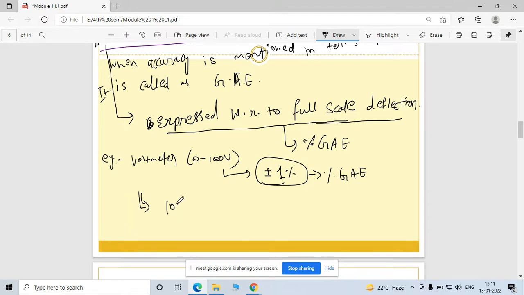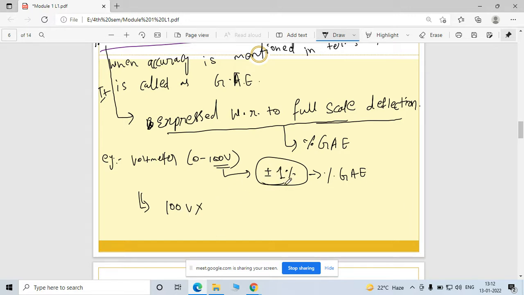Now if you measure a quantity, let's say the full scale value is 100 volt. Guaranteed accuracy error is always with respect to full scale value. So what is the full scale value for this meter? 100 volt. Guarantee means this instrument has a guaranteed error, meaning there will definitely be error in it. As already mentioned, it is the error guaranteed to be present in this instrument, which is this 1%.